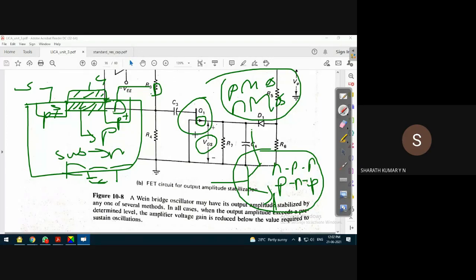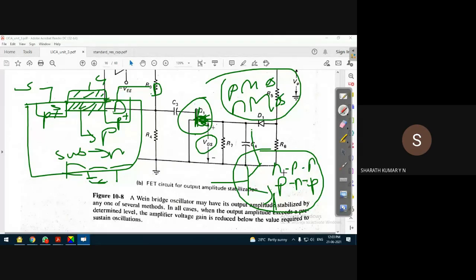If the arrow is towards the transistor, if the arrow symbol is like this, that means the channel is a P-type channel. If the arrow is away from the channel, it is an N-type channel.